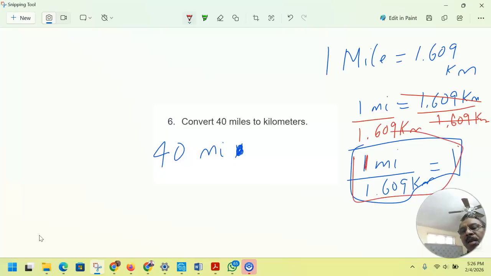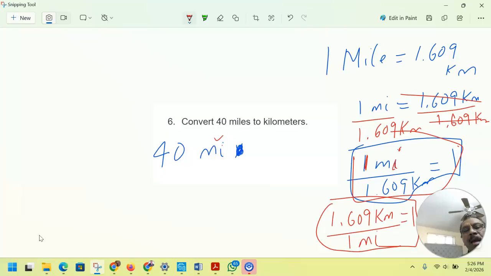If this is multiplied by 1, you're just writing this piece. Of course, you can also write the opposite: 1.609 kilometer divided by 1 mile is 1 also. Either way works, but we'll use the second one, because there's a mile up here. So we'll try to get the rate where the mile is at the bottom.